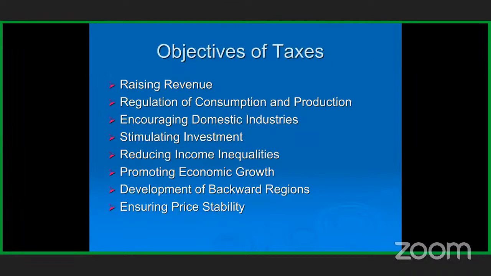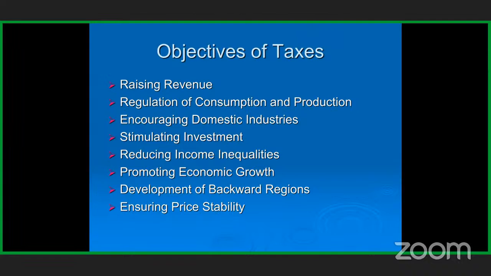The objectives of taxes we can discuss in the following manner: to raise the fund or revenue for the government, to implement various programs for economic and social development, and to regulate the consumption and production.